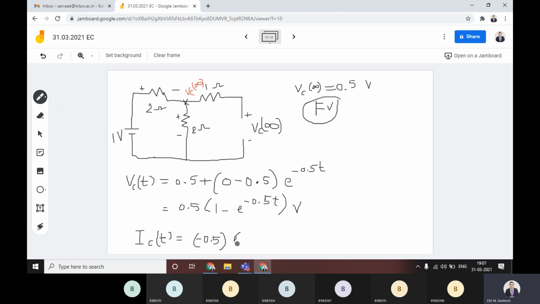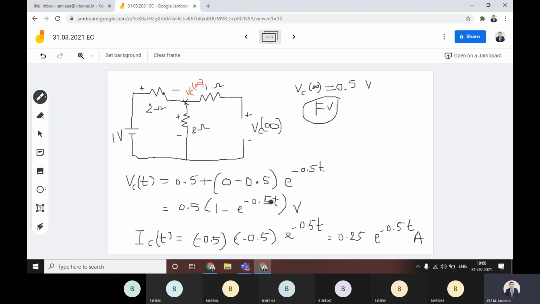And again you will get the t coefficient, that is minus 0.5, into e power minus 0.5 into t. This minus into minus will become plus. Then you can calculate 0.5 into 0.5, 0.25 e power minus 0.5 into t. Okay, this much amperes is the current.